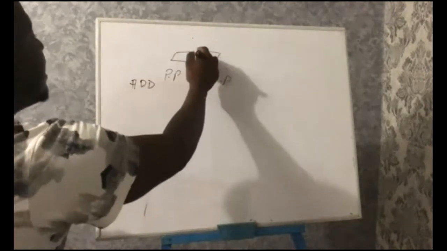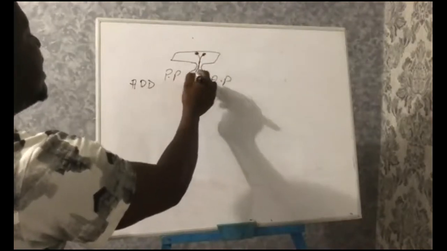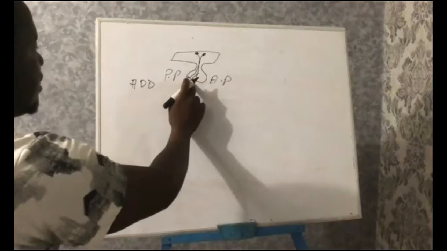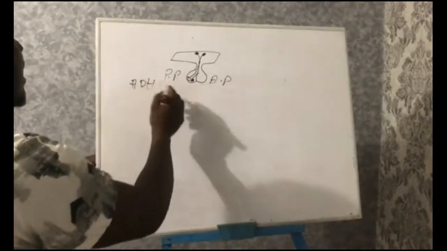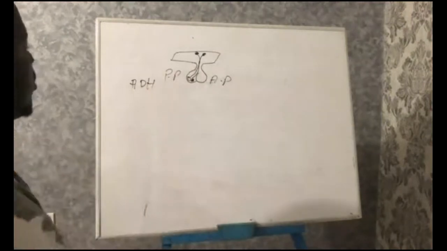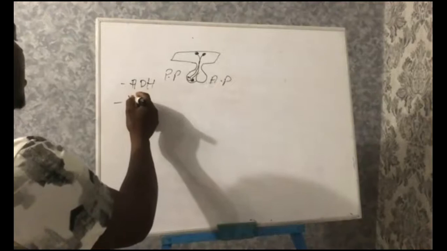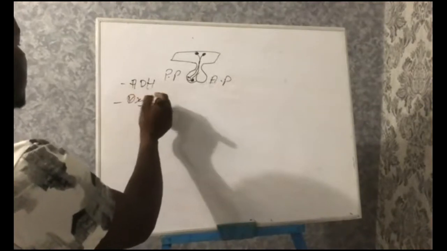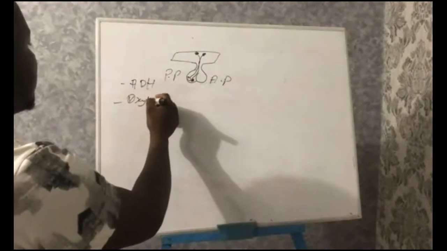But they are just stored in the posterior pituitary gland. So these are just stored over there, and they are released from the posterior pituitary gland. It releases oxytocin and vasopressin. ADH is the same as vasopressin.